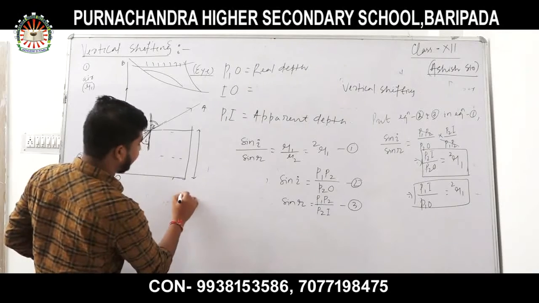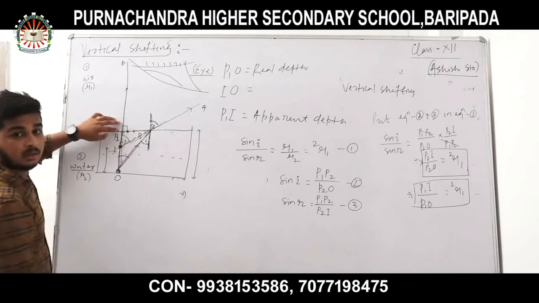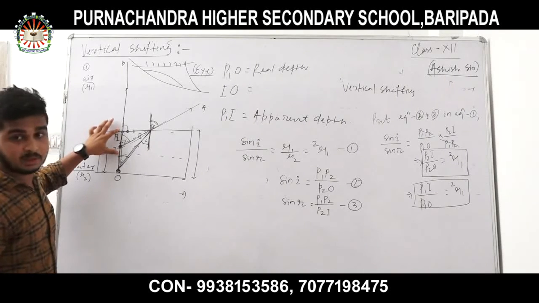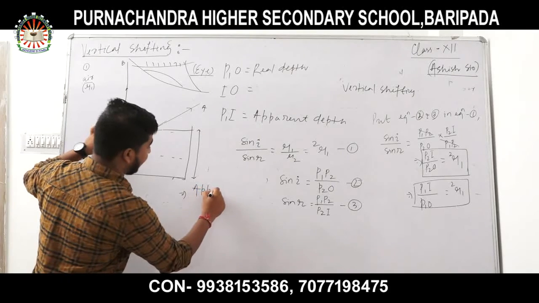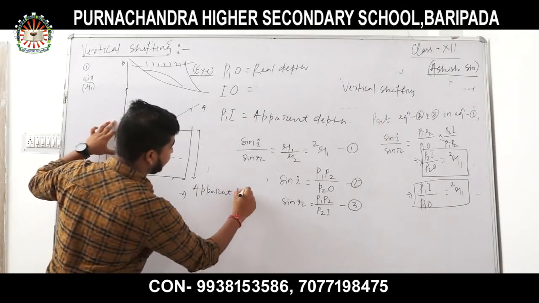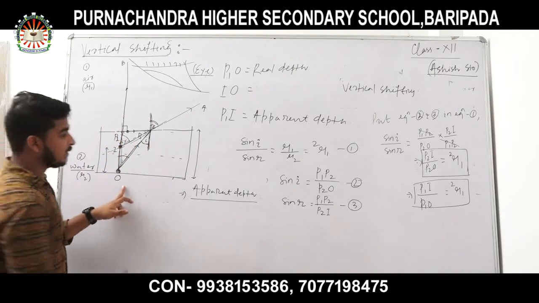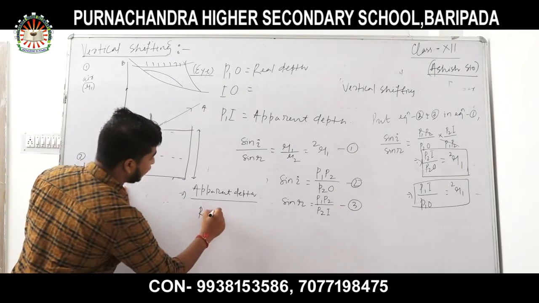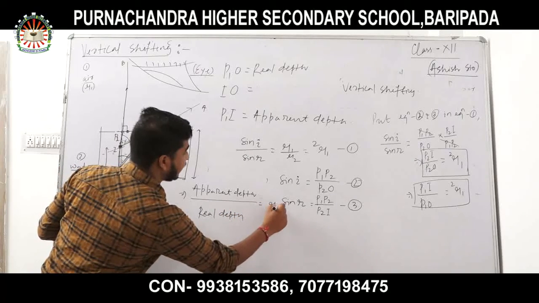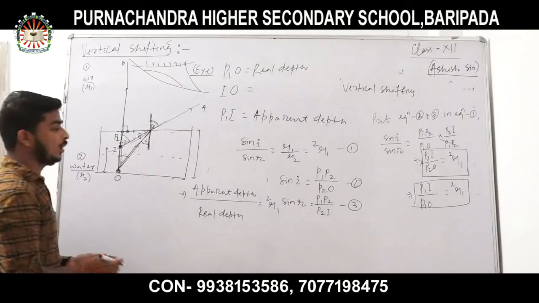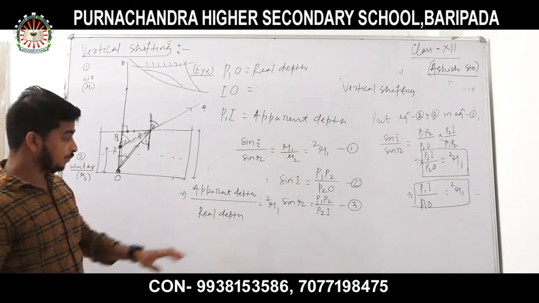P1I is the apparent depth, and P1O is the real depth. So apparent depth divided by real depth is equal to the refractive index of medium 1 with respect to medium 2.